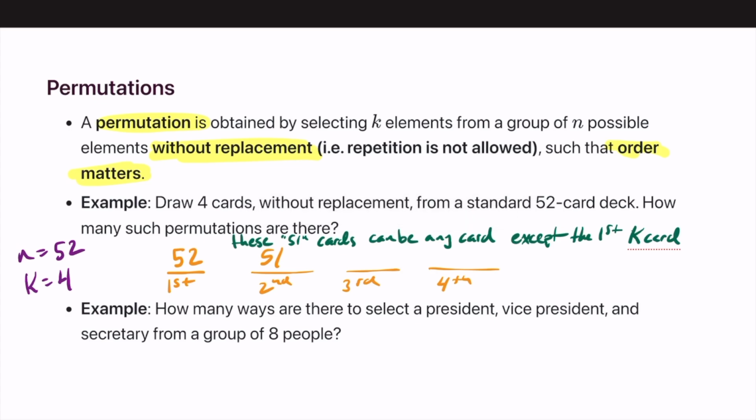So third one, similar vein, 50, and then 49. Maybe we'll put k card in quotes, keep everybody happy.